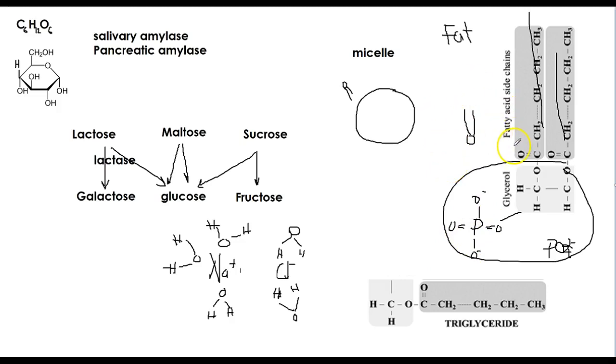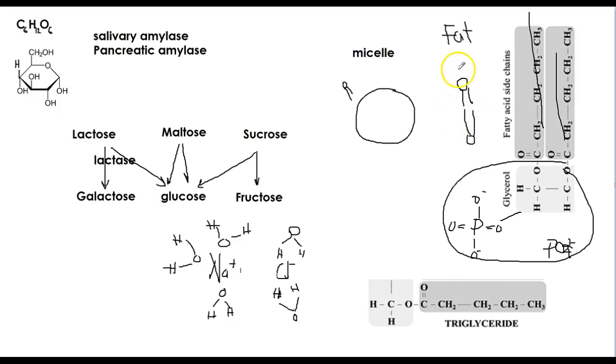The tails are not. Remember, your cell is made of a phospholipid bilayer. The phospholipid bilayer is because you have the polar head on the outside, hiding away the non-polar tails.